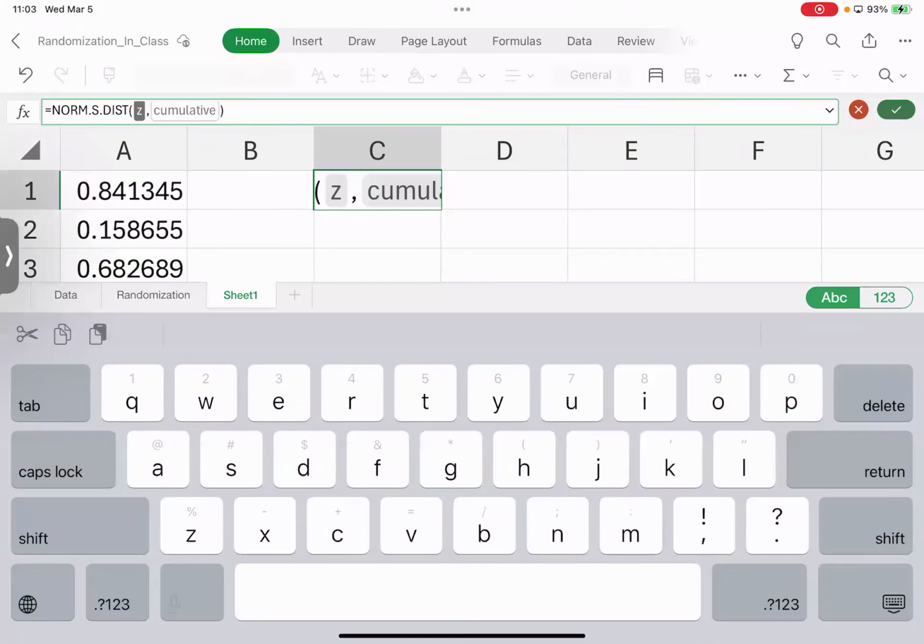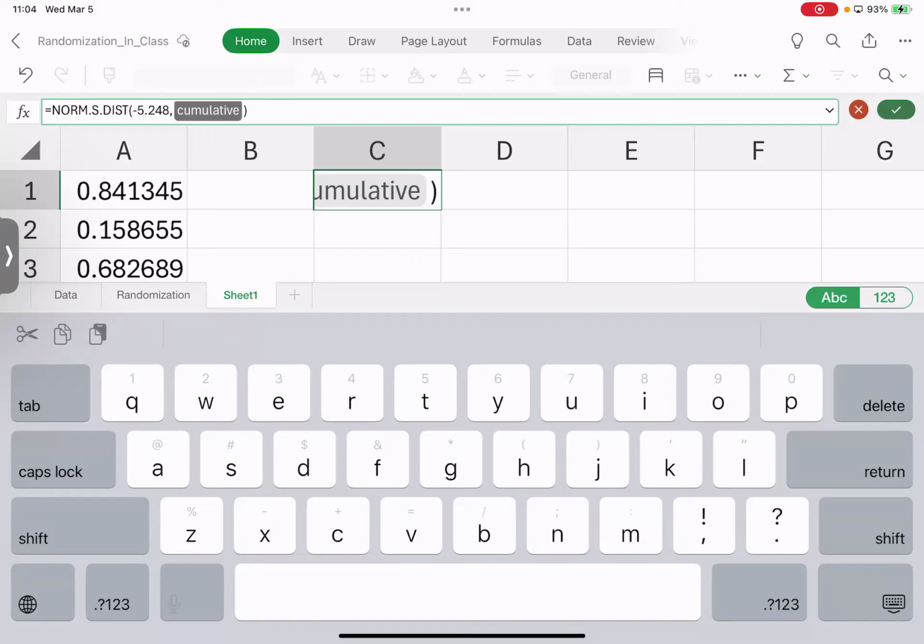We had, no, I can't remember, negative 5.248, oops, 48. And cumulative equals true always for the normal distribution.